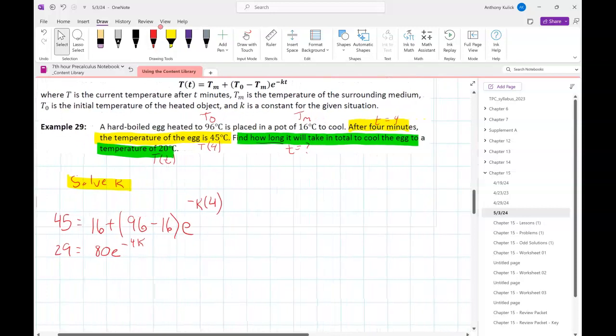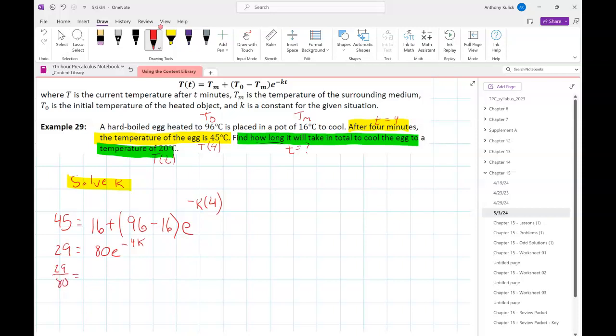Okay. Now what? What would I do next? And again, like Avery, I did the stuff in the parentheses at the same time because why not, right? What do I do next? Divide by 8. Yes. Okay. Now what?